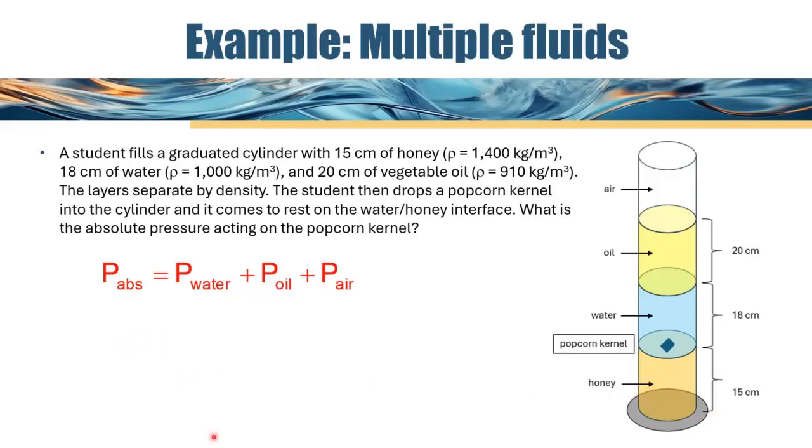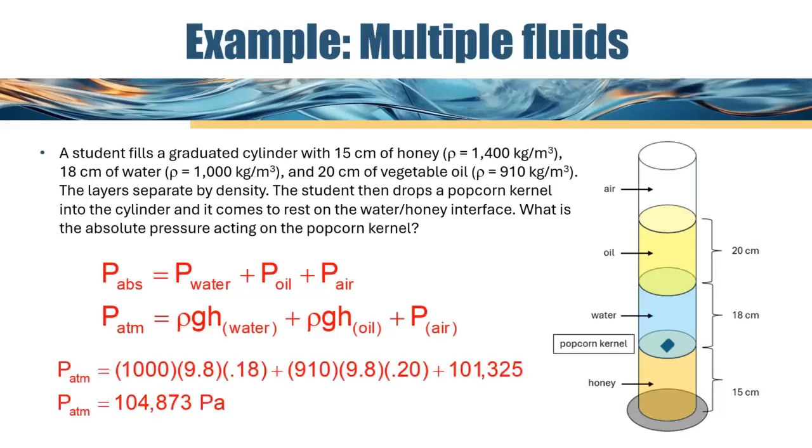So next, we can calculate that by knowing the height of each of those layers. So water is going to be rho g h, oil, rho g h, and then our air pressure, 101,325. So plugging in our numbers, the density of water is 1,000 times 9.8 times the height of the water. And the height over here is 18 centimeters, so 0.18 meters.